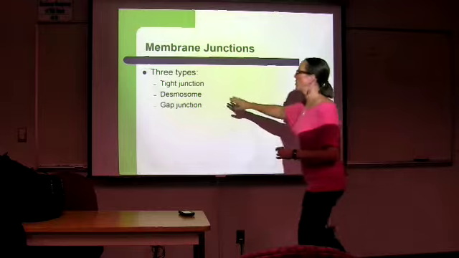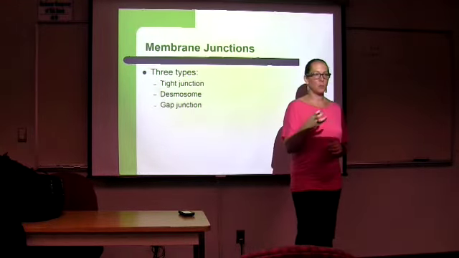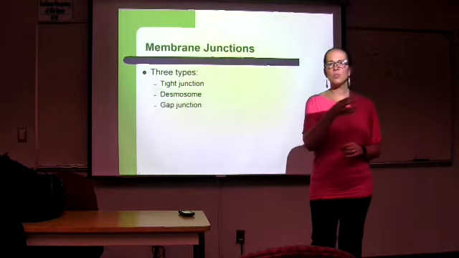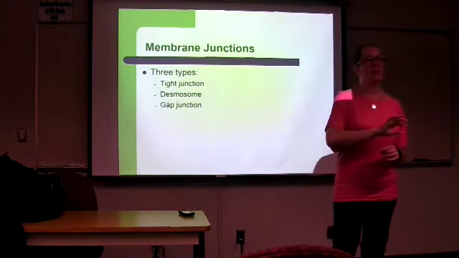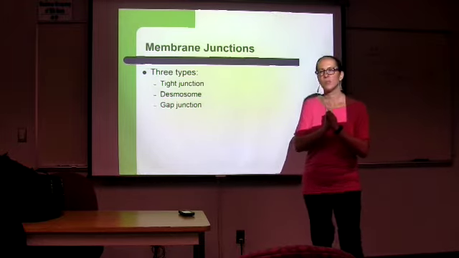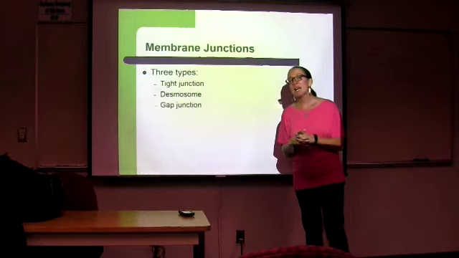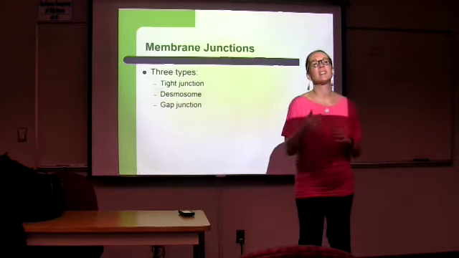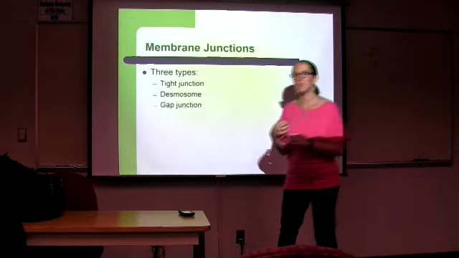We have desmosomes, which are a little looser. They're more like spot welded in different areas on the edges of the cells. And then gap junctions. These actually form a tunnel from cell to cell. I'll give you examples of these in the notes.